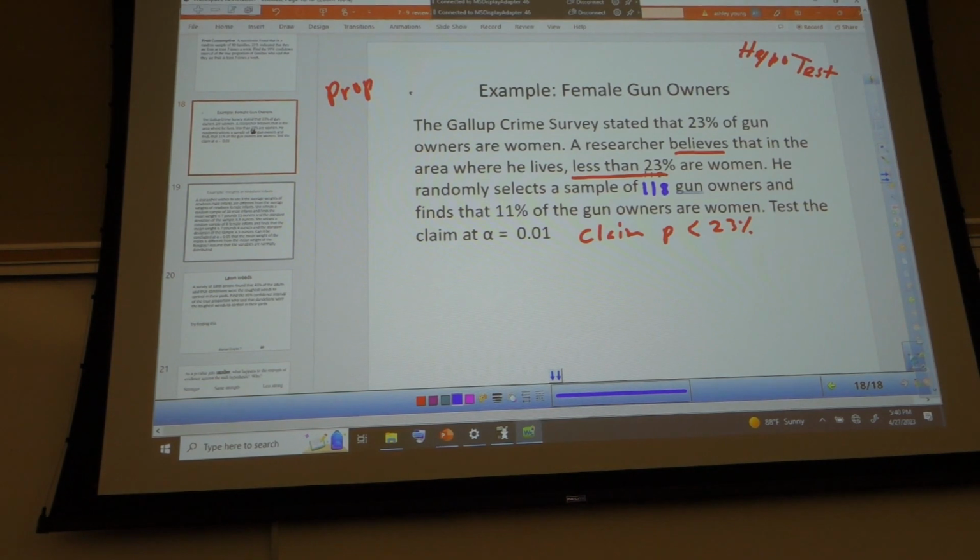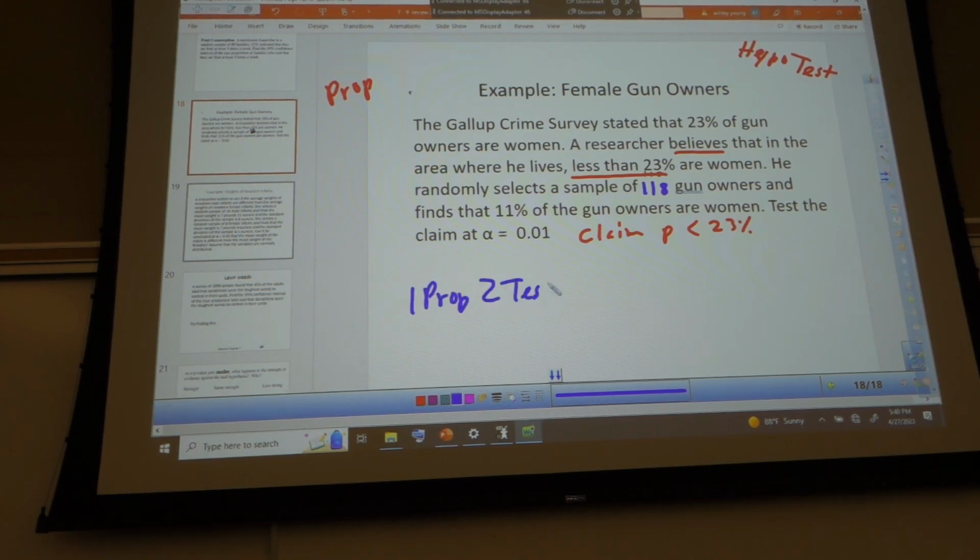All right, so remember, we can't just put in 11%. What test are we doing? It's a proportion, so we're doing one proportion, and it's a test, so z-test. They want our p-naught. P-naught is whatever's in the claim, so 23%, 0.23.